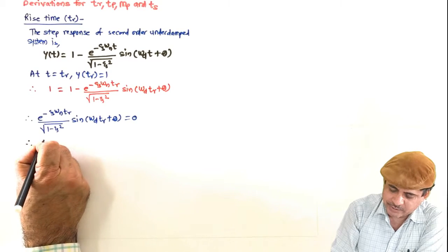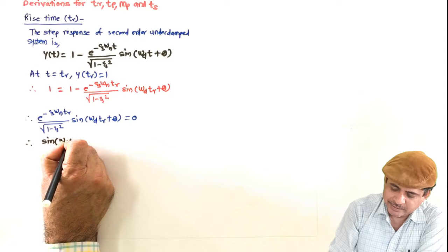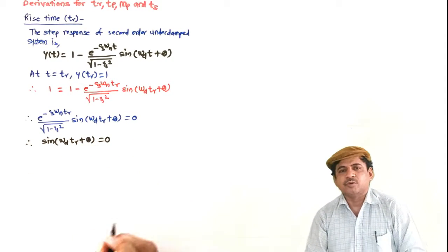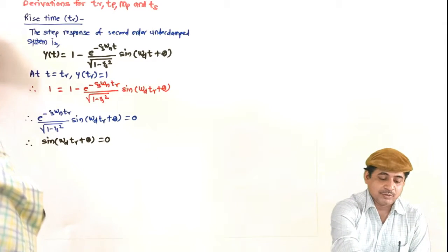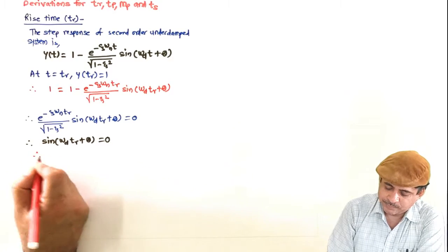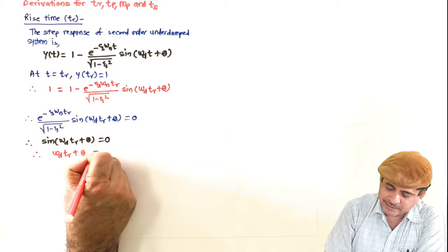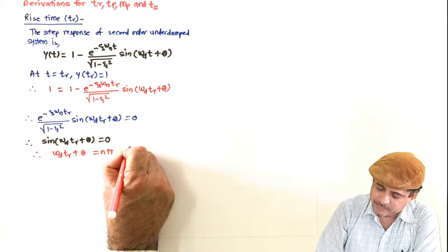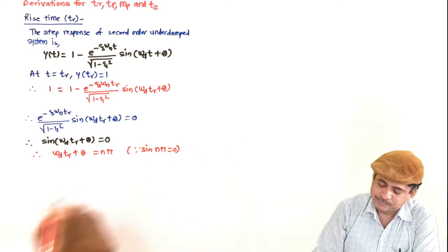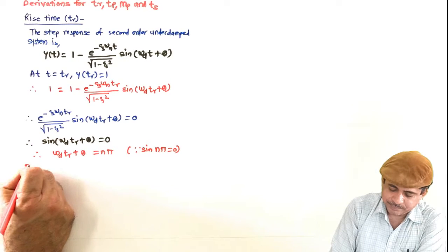So sine of omega d tr plus theta is equal to 0, and we also have that sine n pi equals 0, so omega d tr plus theta is equal to n pi, because sine n pi is equal to 0, correct.